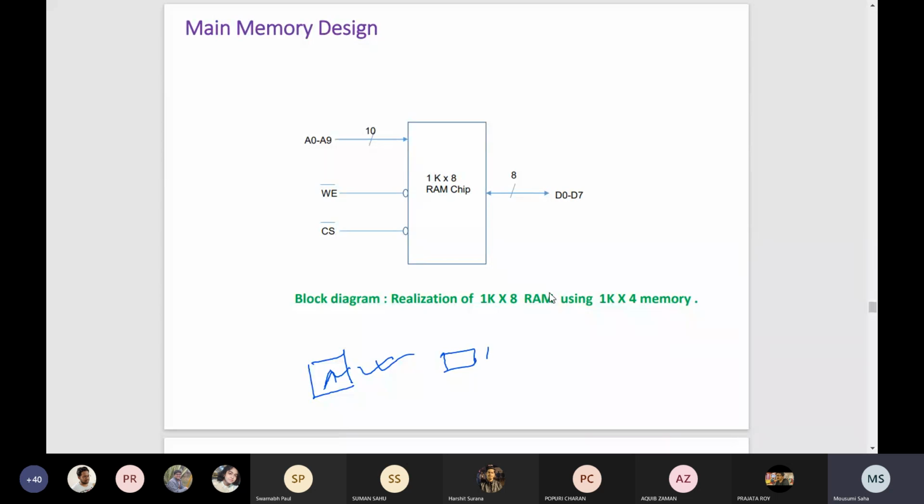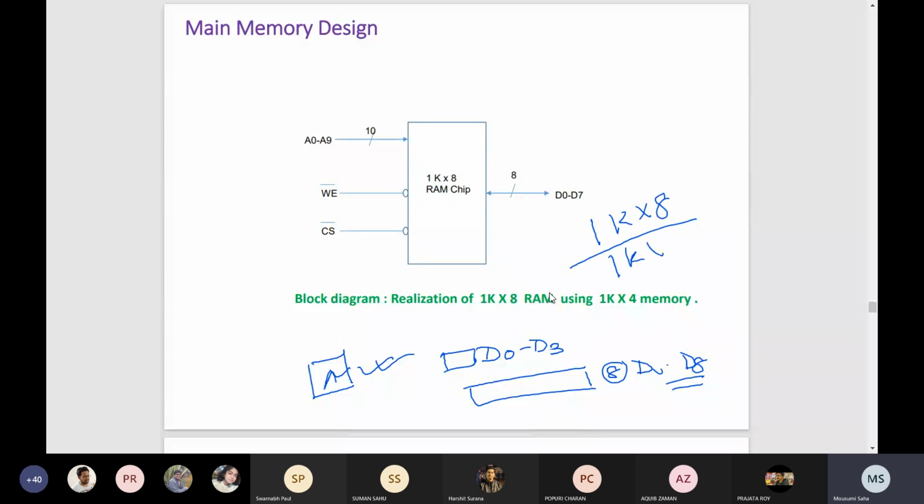In your available chip you have 4 bits, but you have to design up to 8 bits. If you compute the number of ICs, you need to design 1K by 8, and your IC is 1K by 4. So obviously you need two chips.